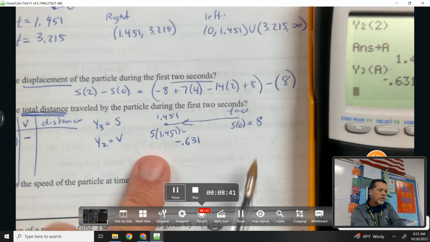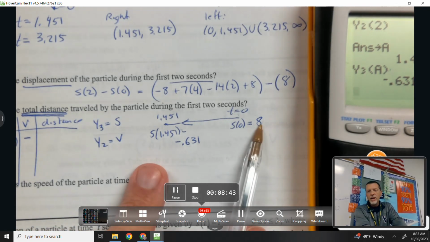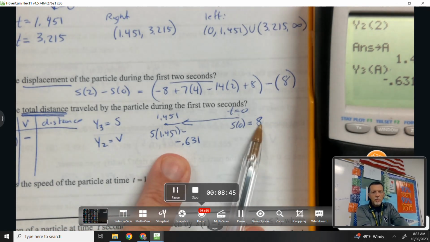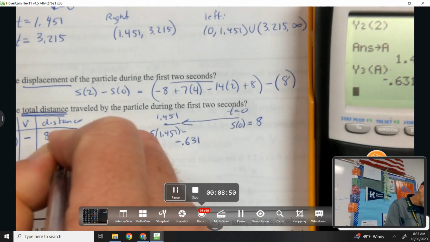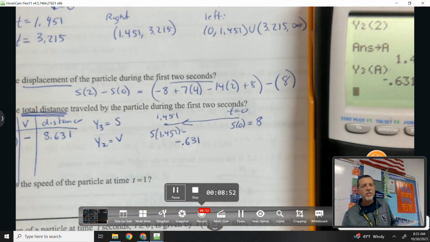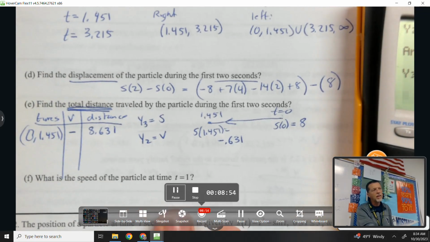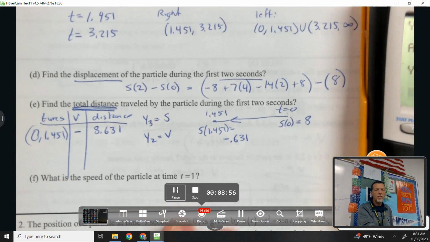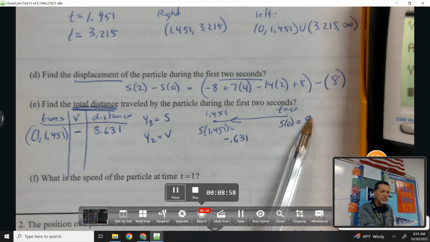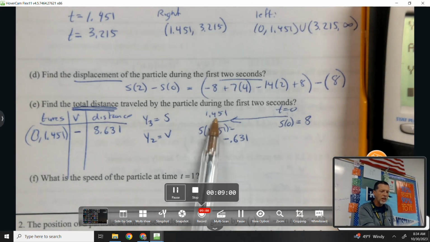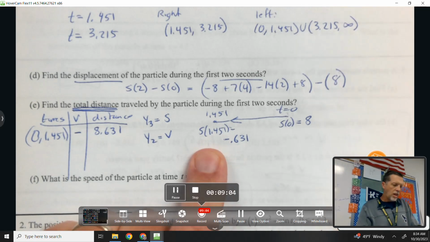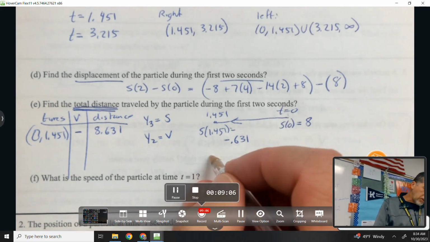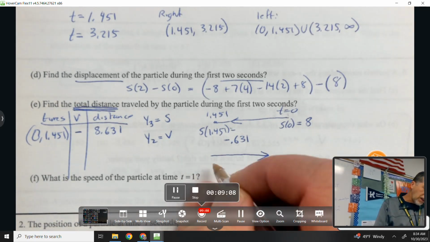So the distance we traveled, we went from positive 8 to negative 0.631. So I can figure that out. That distance is 8.631. We started at positive 8. We went left for 1.4 seconds. We landed at negative 0.631. At 1.45, that's where we turned around and started heading back the other way.